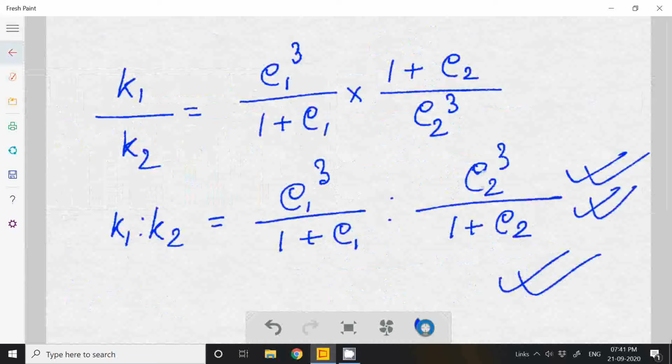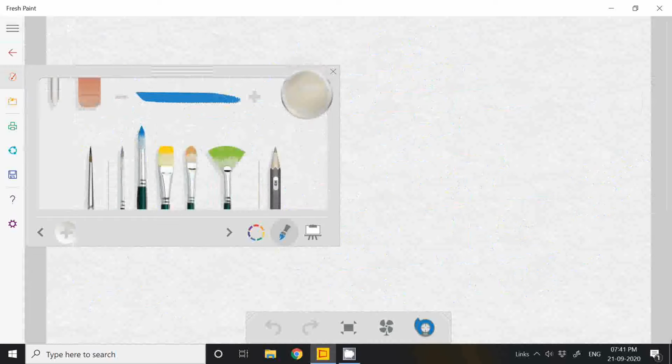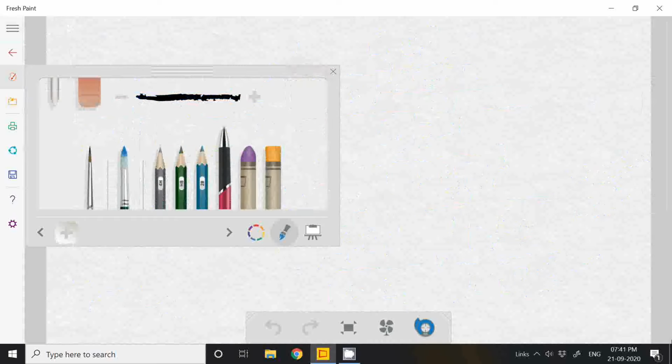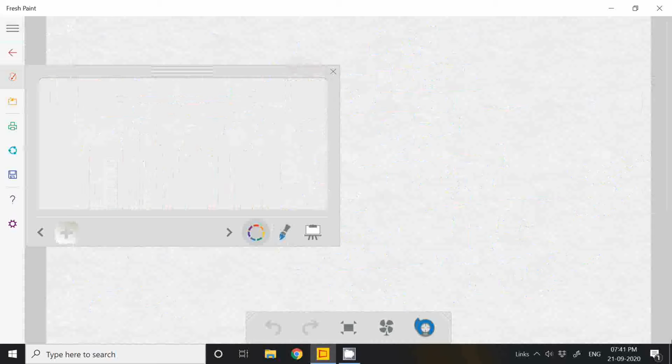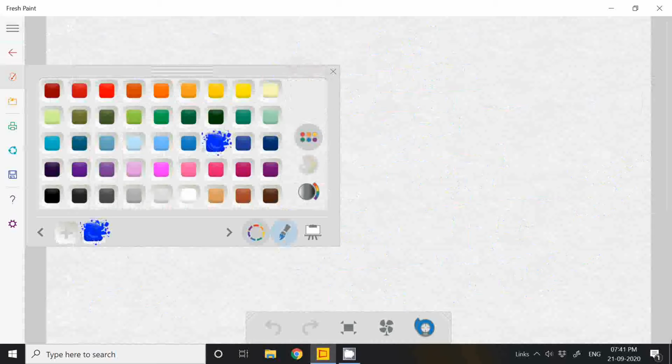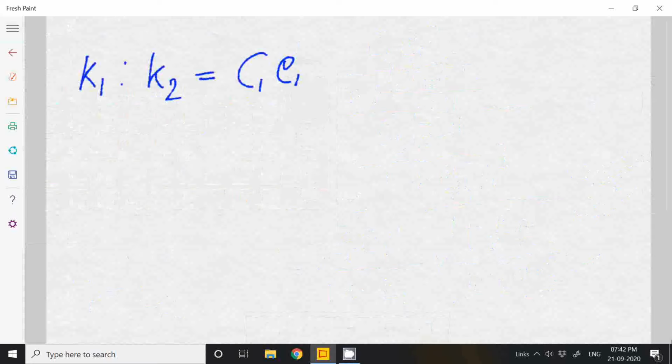Now, in some cases another relationship sometimes used is k1 is to k2 is equal to c1 e1 square is to c2 e2 square.